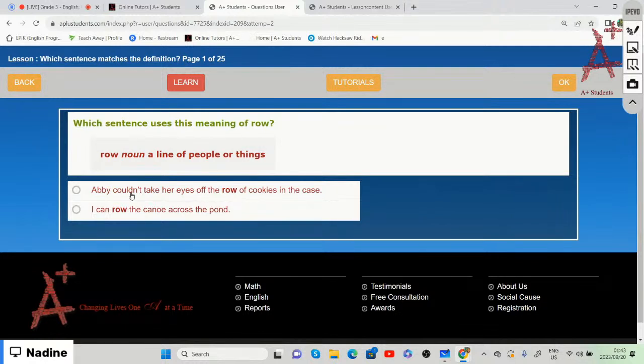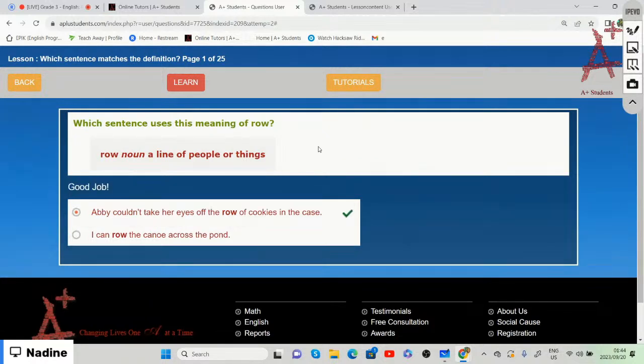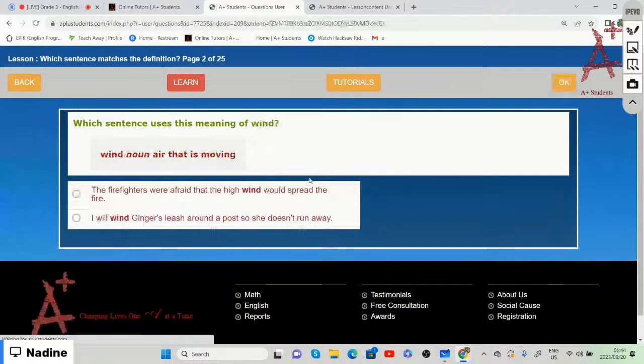Is it Abby couldn't take her eyes off the row of cookies in the case, or I can row the canoe across the pond? So, which sentence uses the meaning of row? Row, which is a line of people or things. So if it's a line of people or things, then it's option one. Abby couldn't take her eyes off the row of cookies in the case, because that is a row, a line of cookies, a line of things.